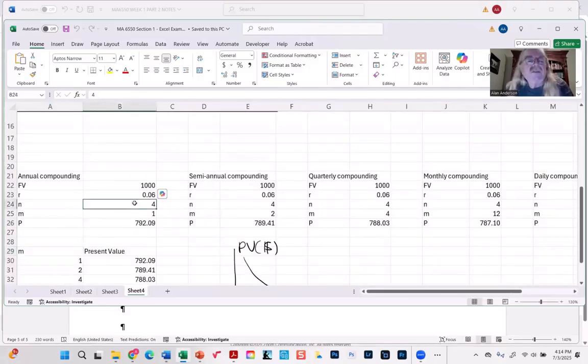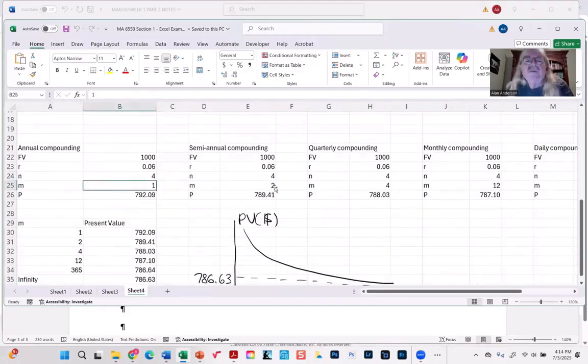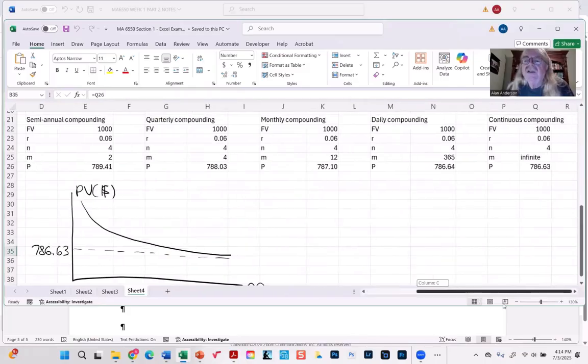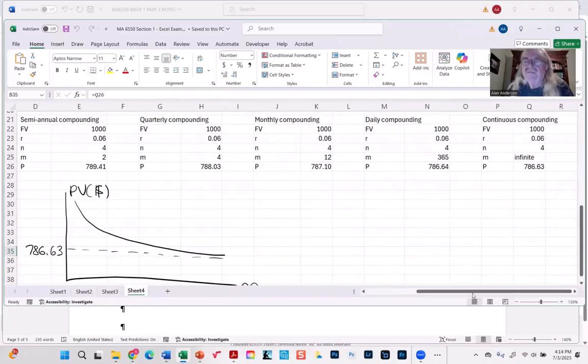This is a 4-year investment. In the first case, we have annual compounding, semi-annual, quarterly, monthly, and then daily. The pattern is that as the compounding frequency goes up, the present value goes down. Eventually we reach the limiting case, which is 786.63. That's our asymptote, and that is the case of continuous compounding, where we use this formula.